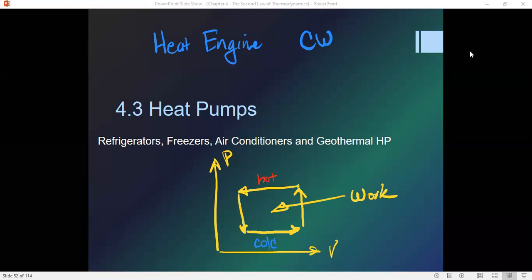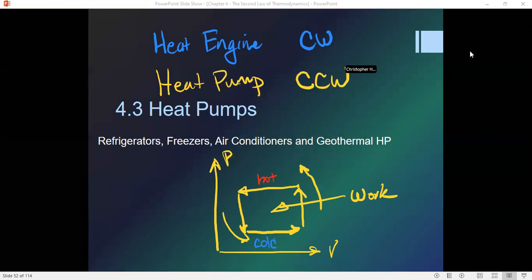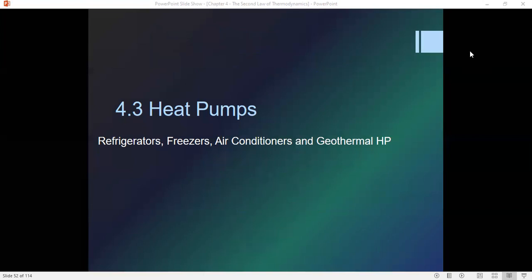So for a heat engine, we go clockwise on these PV diagrams. For a heat pump, we go counterclockwise.